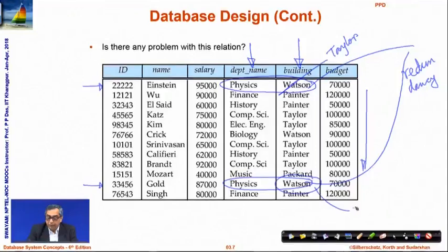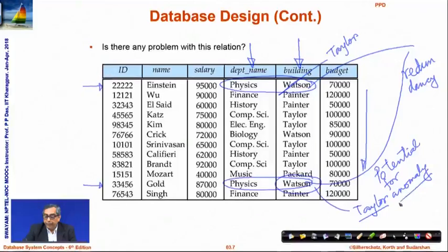Also, this Watson will have to be changed to Taylor. All instances of Watson that corresponded to the physics department in this table will have to be changed to Taylor, and that is not a good scenario. So, it is not only that we have redundancy, we have potential for anomaly.